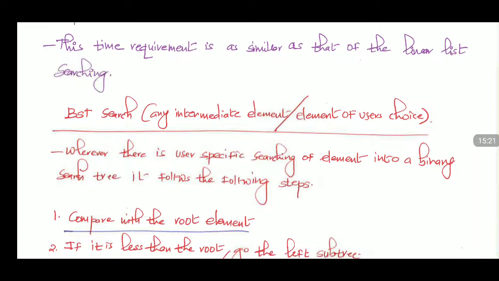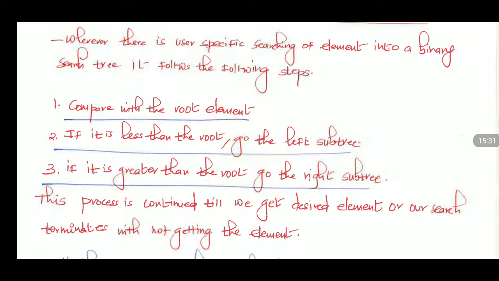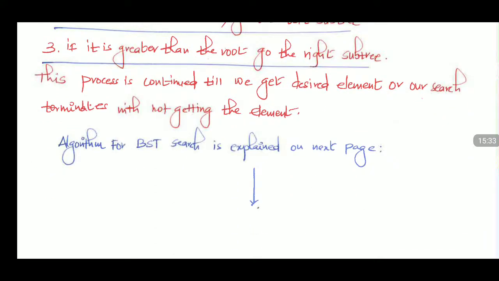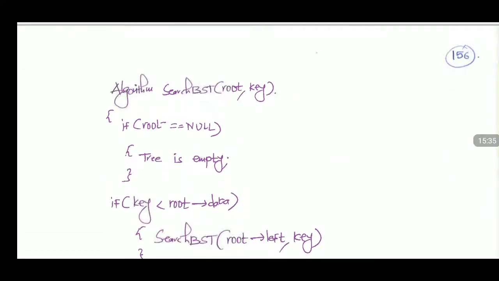Now, the next point is to search for any particular element, not a smaller, not a larger, but some other element. To get into this, we'll have an algorithm, and that algorithm accepts two things. One is the root of the tree, and the second is the key to be searched.